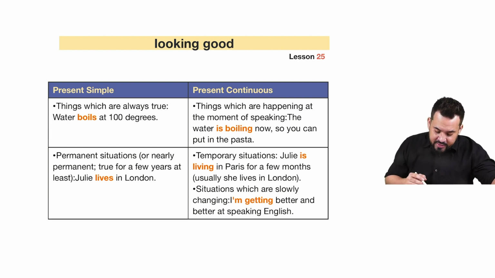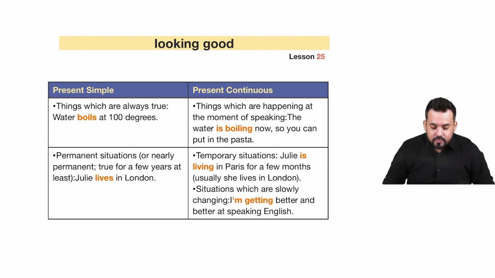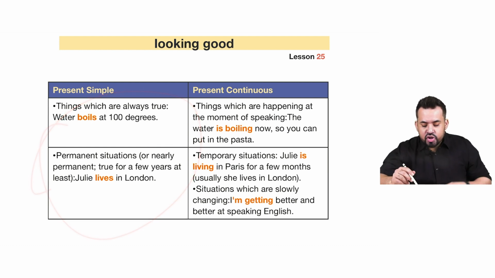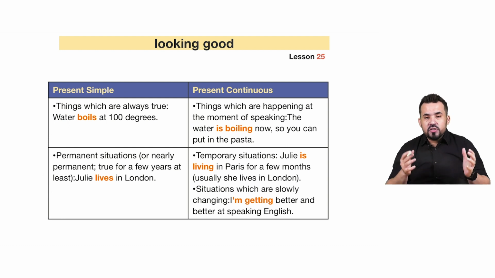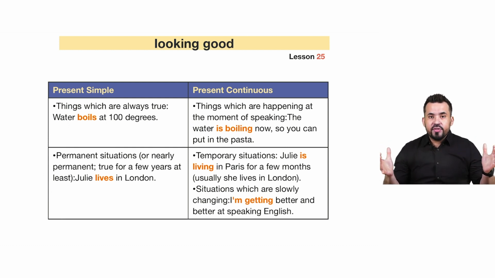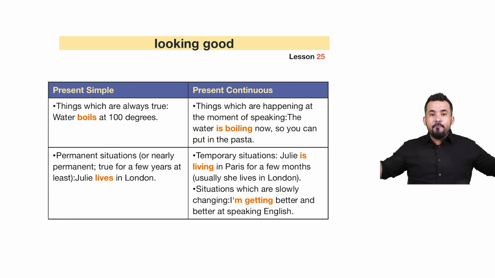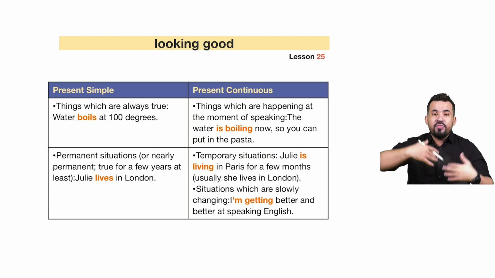Okay, let's take a look at the other use for the present simple. Permanent situations or nearly permanent, true for a few years. In other words, long-term things. Things that don't change over a short period of time. Things that take a while.